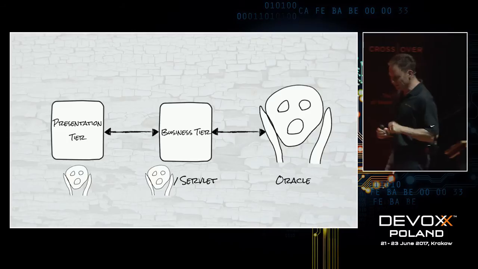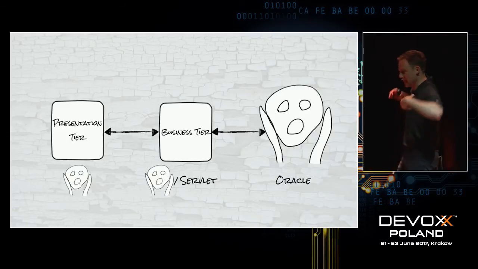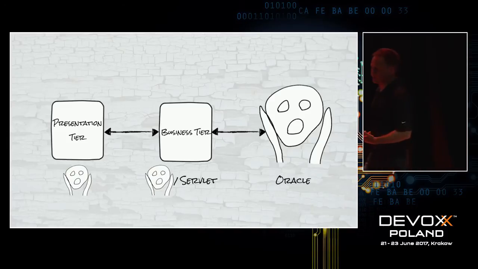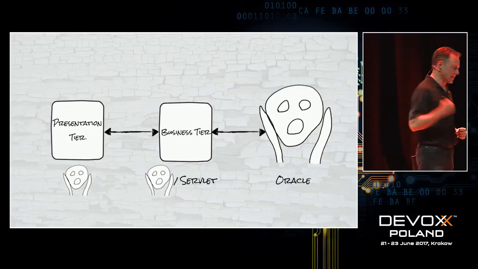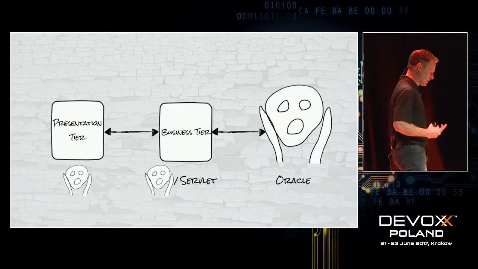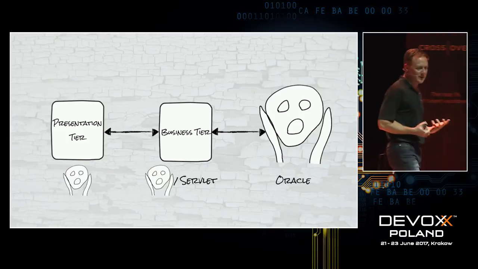In the middle of the 2000s, in the Java world, there was Struts and Spring MVC, and then Rails happened, and we were very focused on these MVC frameworks, and we stopped talking about tiers.